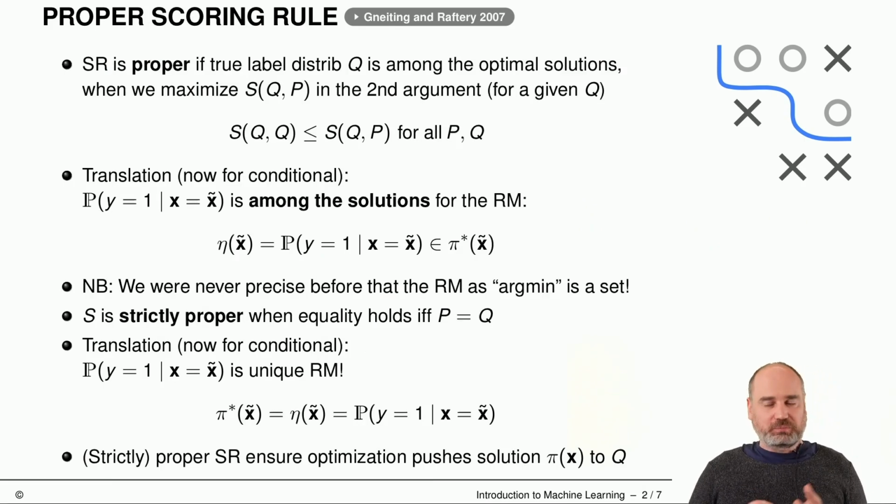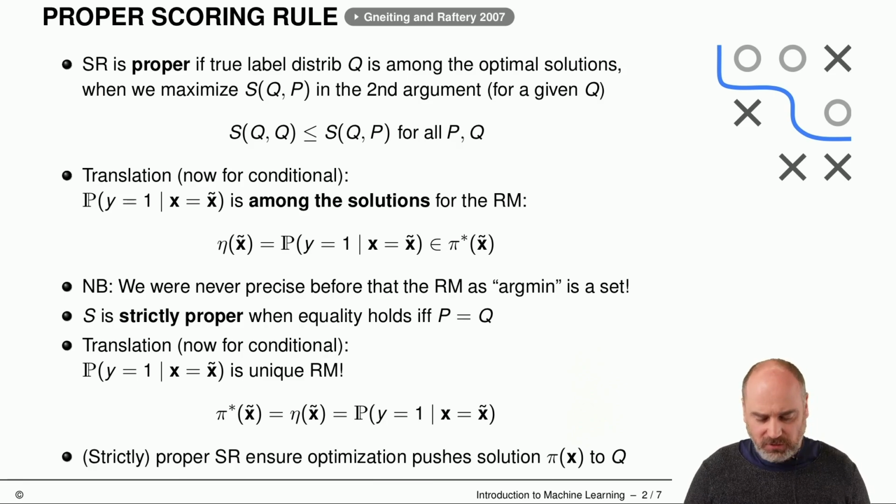Okay, so give me a few, not too many minutes to motivate what I mean with this reasonable loss function. And we need one extra concept now, which is also not too difficult to explain. So we will now call such a scoring rule proper if the true label distribution Q is among its optimal solutions when we maximize this scoring rule with respect to the second argument.